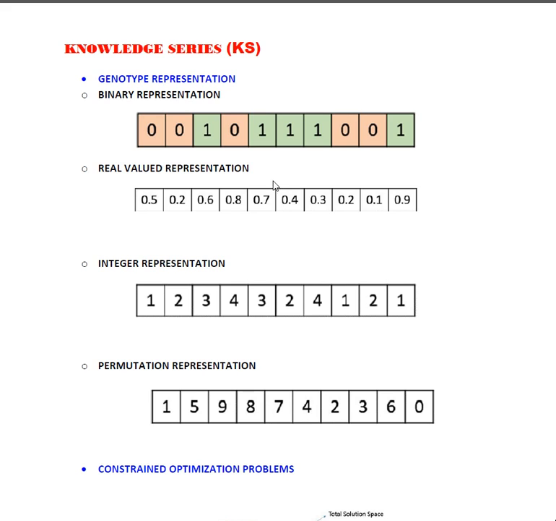Now we go to the real valued representations. In real valued representations, it is defined in terms of discrete variables, and the real valued representation of these discrete variables is most natural. The precision of real valued or floating point numbers is, however, limited in a computer.